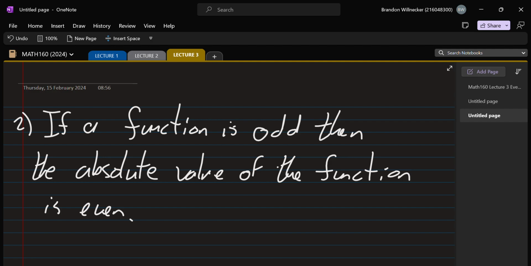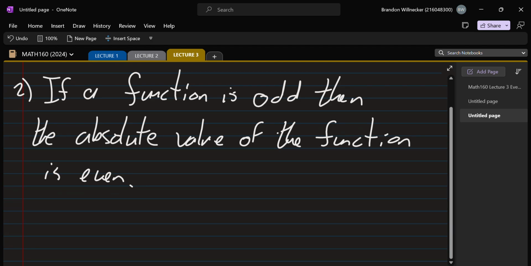Okay, that's our statement. We have a starting point. If a function is odd, that's our start. That's what we begin with. Then, the absolute value of the function is even. That's what we need to show. Make sense? Okay, so that's how we go from the statement to the beginnings of a proof.